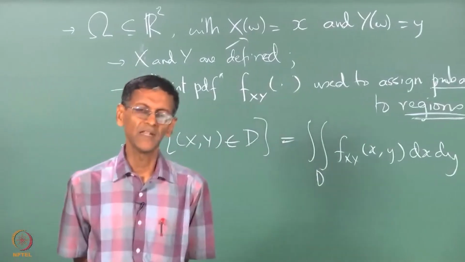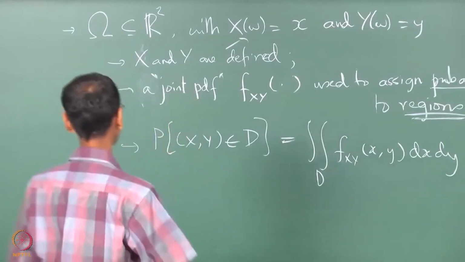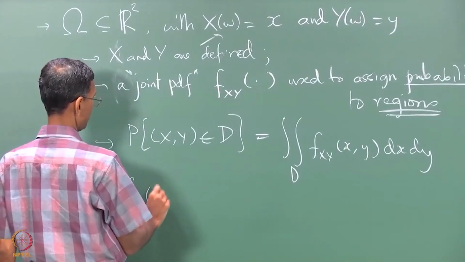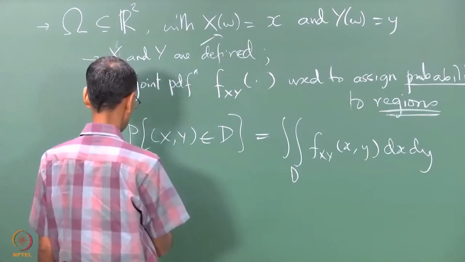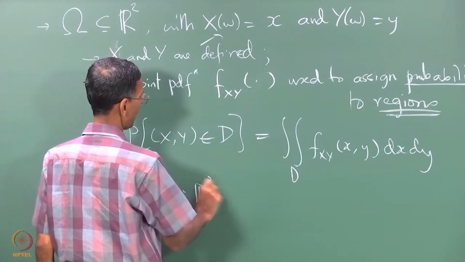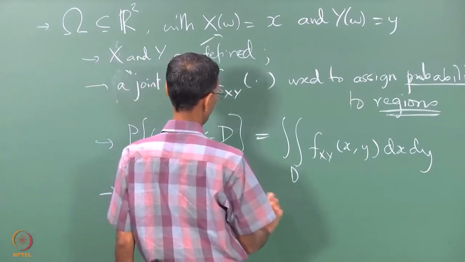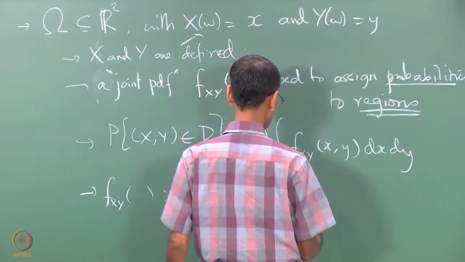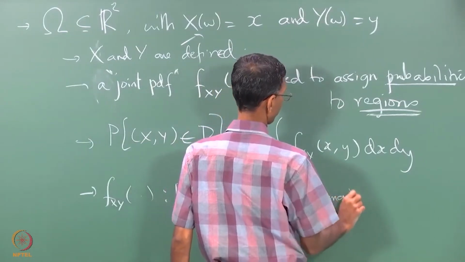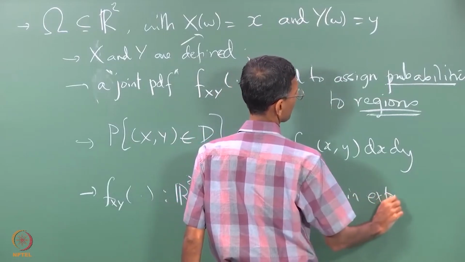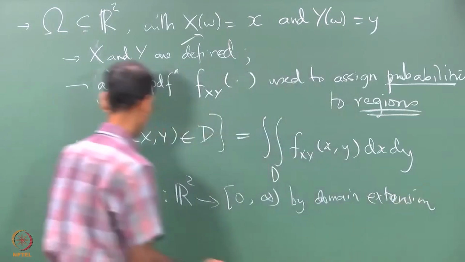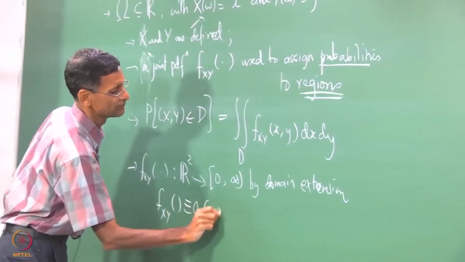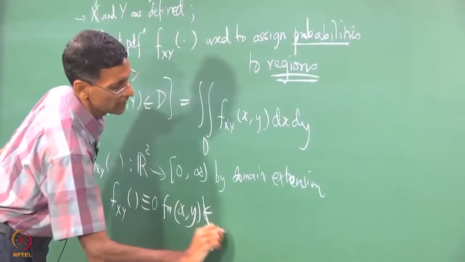Note that D can be any arbitrary region in R squared actually, because we are going to define f_XY for all of R squared by domain extension, although it is 0 outside omega.